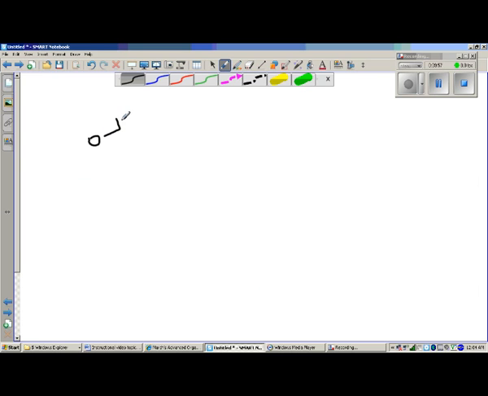An oxygen in the middle, 2 carbonyls coming off each side of the oxygen. Alright, and then you're going to have whatever R group coming off either side there.